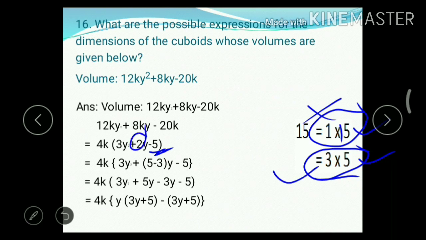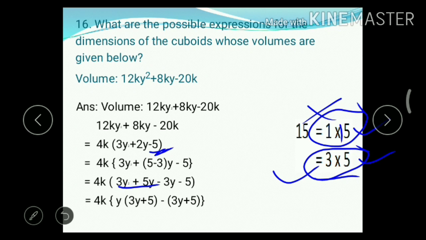Nothing else has been changed in this line, okay? Then if you notice this line, what have we done? We have removed the bracket and we have multiplied the x, y. So 5y minus 3y, this much only we have done here. In this line we have taken the common. From the first 2 terms, y is common, so y is extracted.